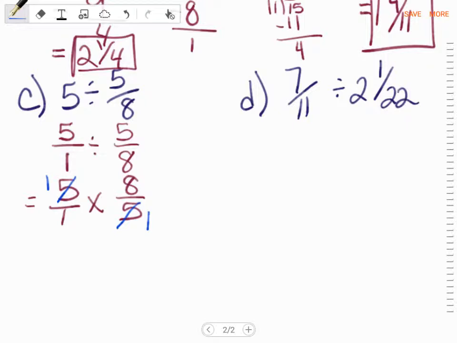The only number that goes into both 1 and 8 is 1. Remember how we said that 1's not going to help us, so I'm not going to worry about it. So my new problem: 1 times 8 is going to give me 8 in the numerator. 1 times 1 on the bottom is going to give me 1 in the denominator. And 8 over 1 is really just the same thing as 8. And then you're done.